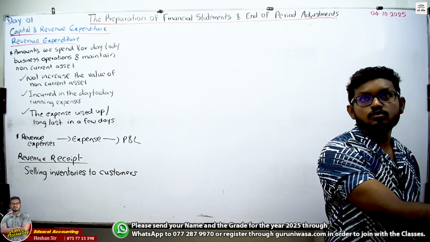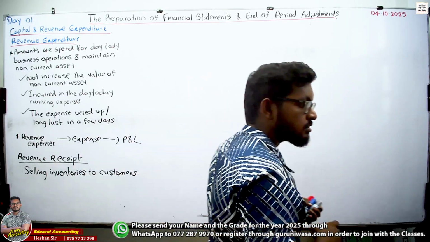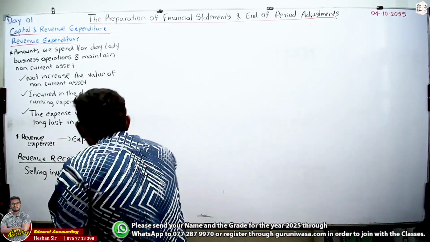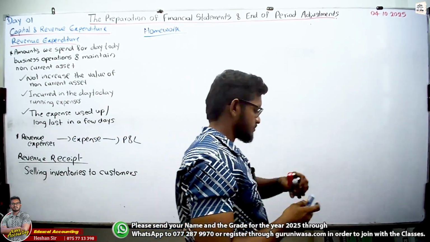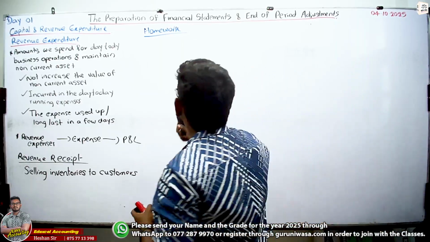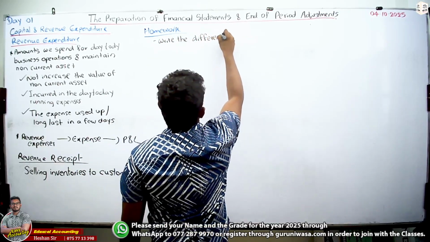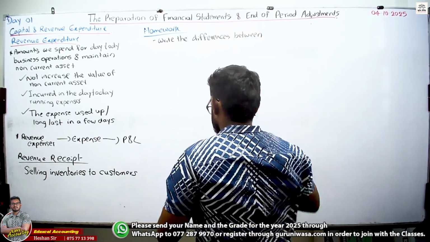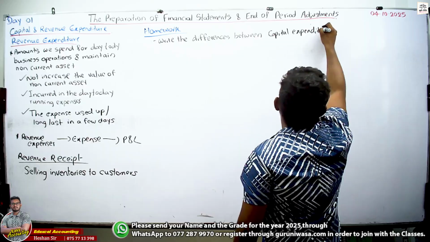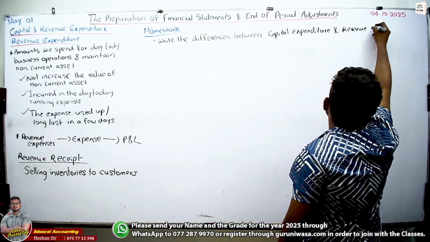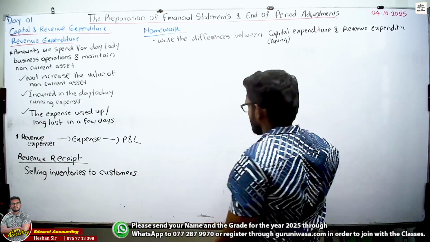As homework, what you need to do, by looking at the chart, is write the difference between capital expenditure and revenue expenditure.